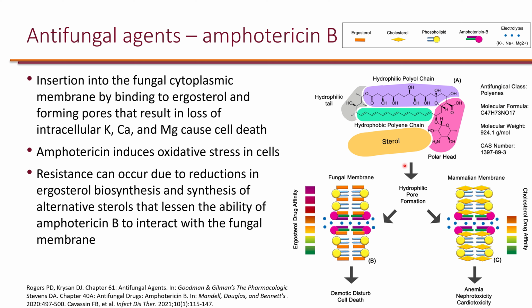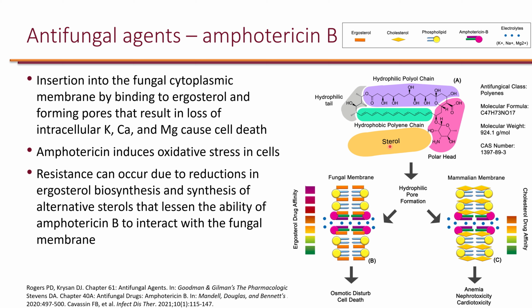So these are all good for killing fungal cells, but these are also key in a lot of the adverse effects that are associated with amphotericin B, including electrolyte wasting. This can also happen to the kidneys, so there is a lot of nephrotoxicity from amphotericin B.